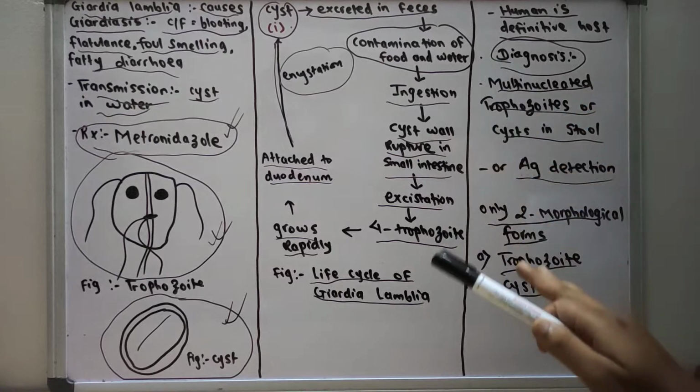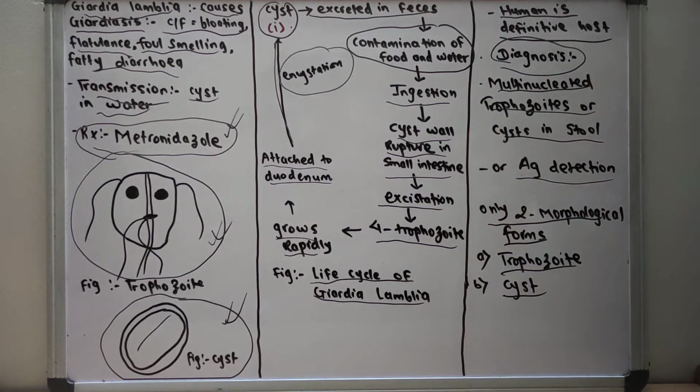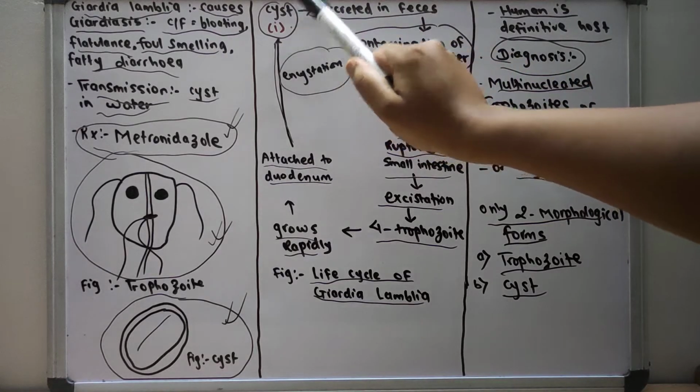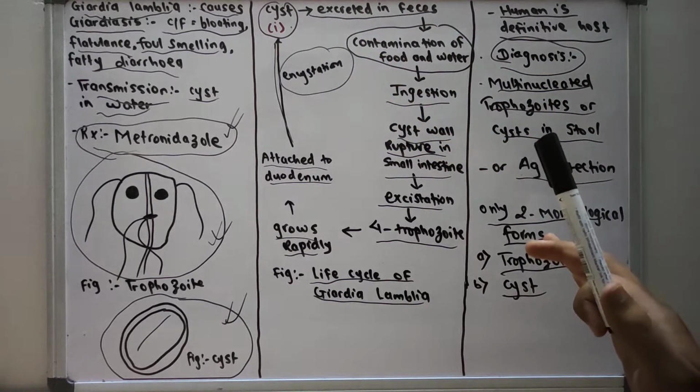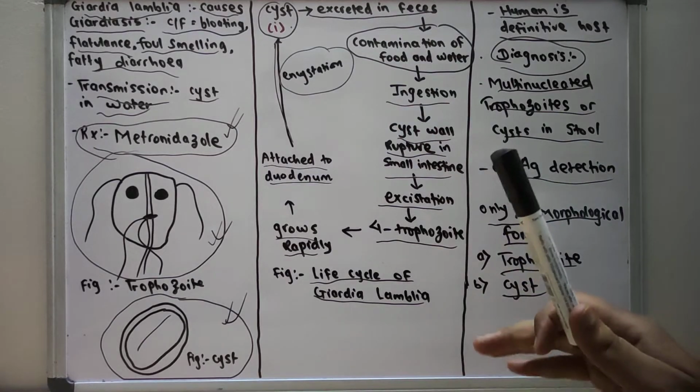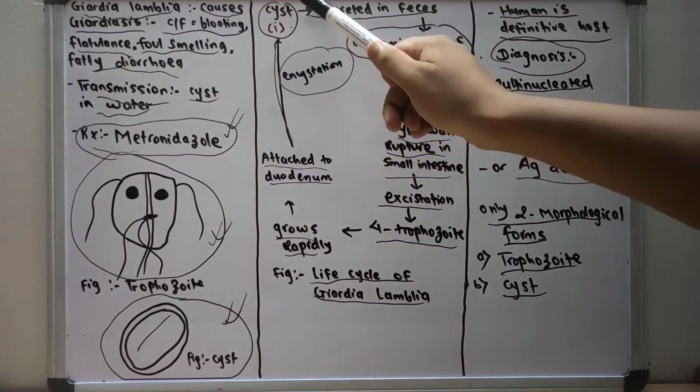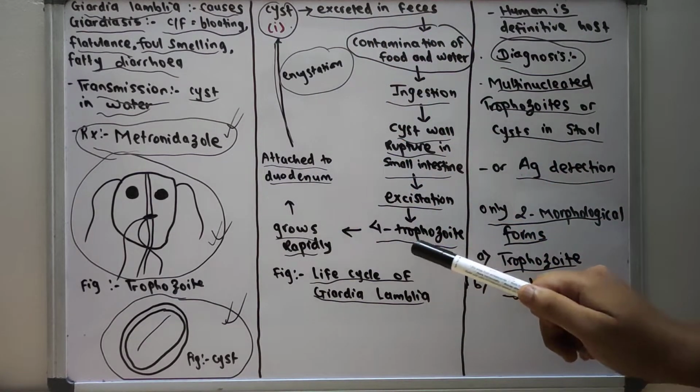In today's topic, we discussed Giardia lamblia, giardiasis, the life cycle of Giardia lamblia, how we diagnose it, and the morphological forms, the trophozoite and the cyst. You have to know that the infective form of Giardia lamblia is the cyst, and the diagnostic forms are the cyst as well as the trophozoite.